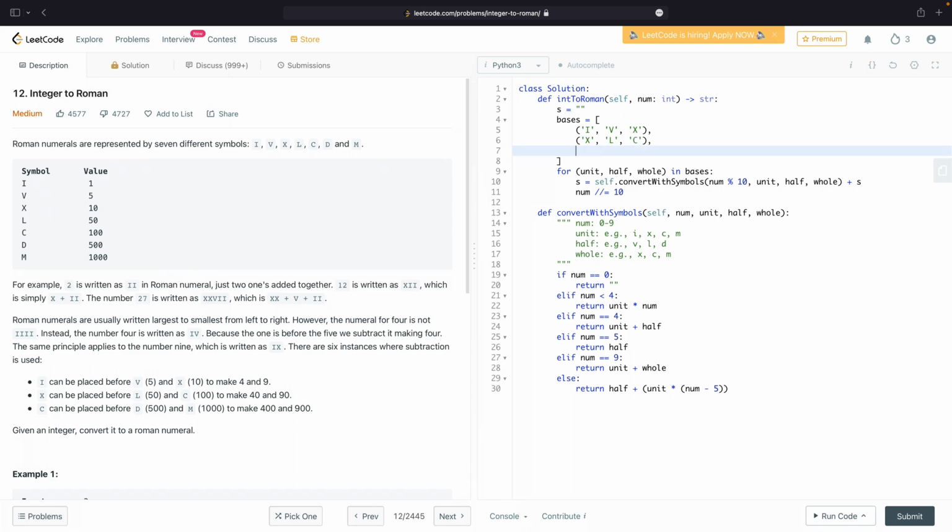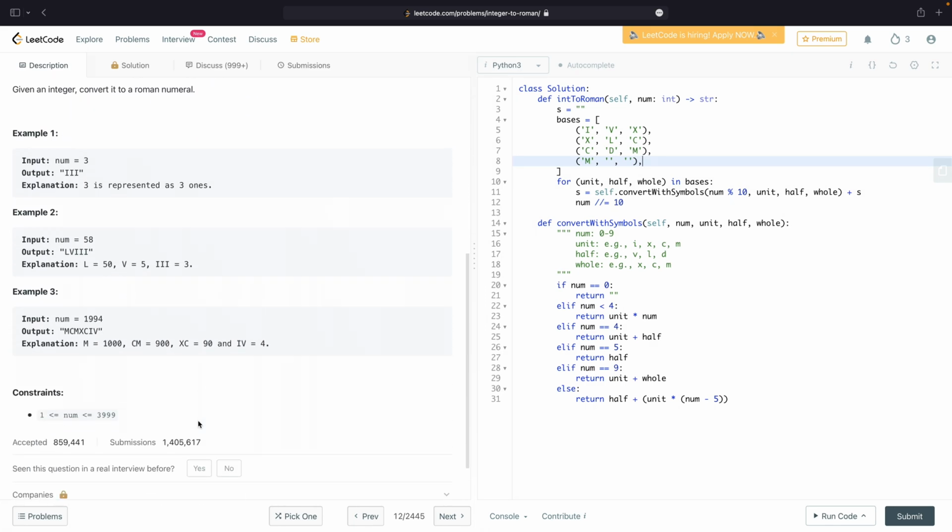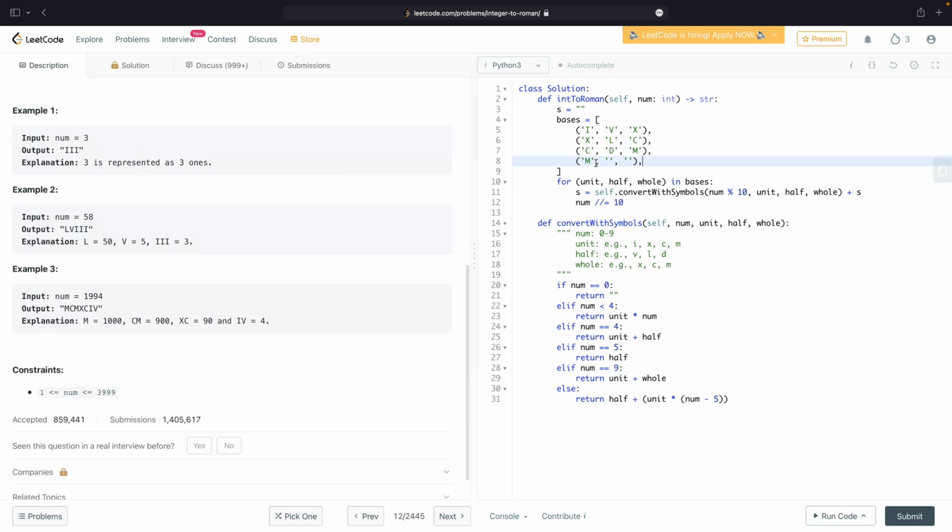Then when we've dealt with the tens, we need to deal with the hundreds, C, D, M. And then when we've dealt with those, we need to deal with M. This is where we'd have our 5,000 and 10,000 case. We're not going to get numbers that large because the input is restricted, so we'll just leave those blank.